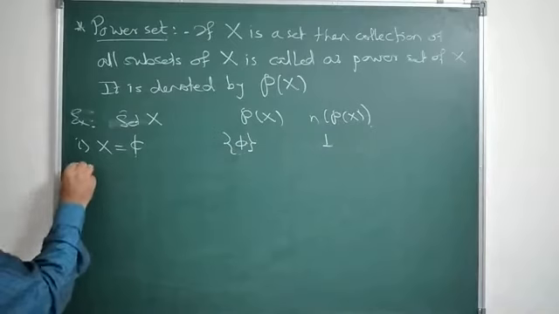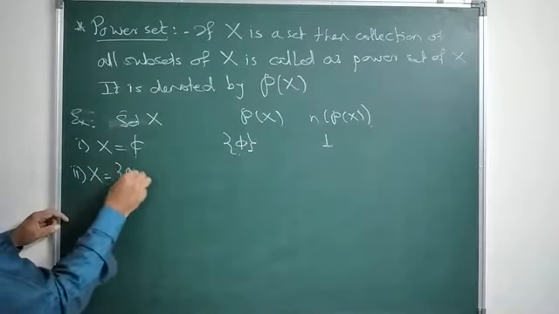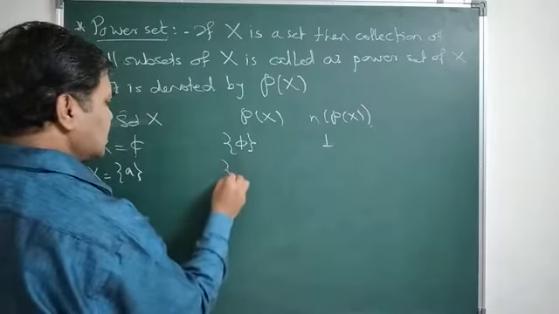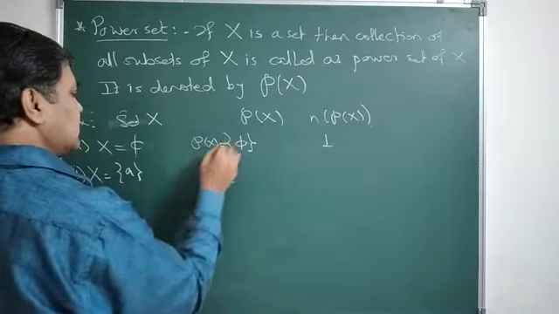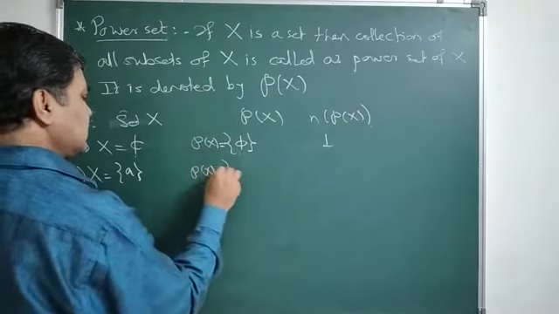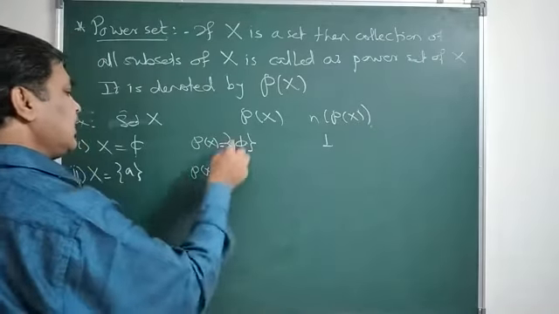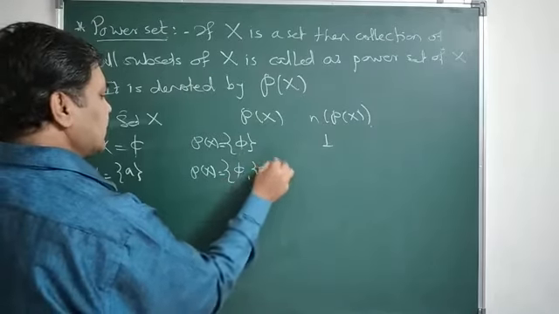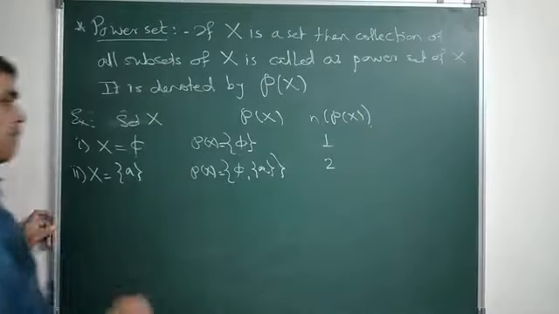Second, if I take X as the singleton set {A}, then the power set of X: first the empty set is a subset of itself, and then inserting A in the empty set I will get singleton A. So I will get 2 subsets.